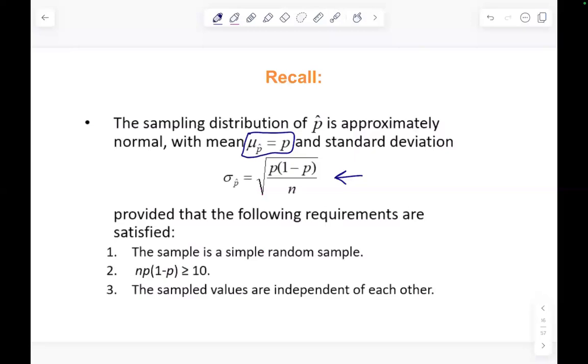These 3 requirements need to be satisfied. It needs to be a random sample. NP times 1 minus P needs to be greater than or equal to 10. And the sample values need to be independent. So that means less than 5% of the population.